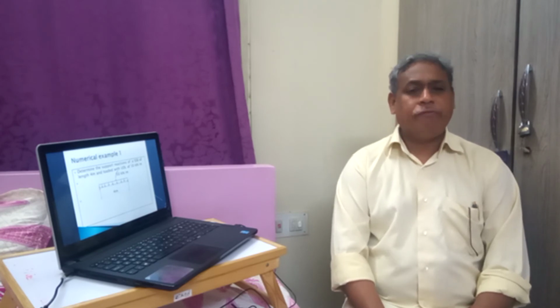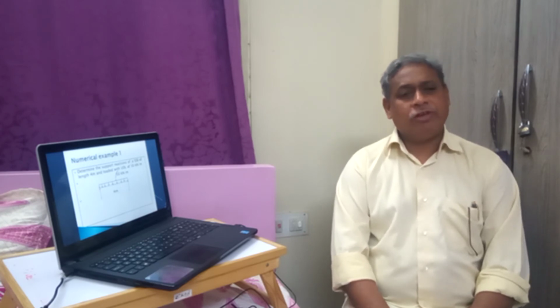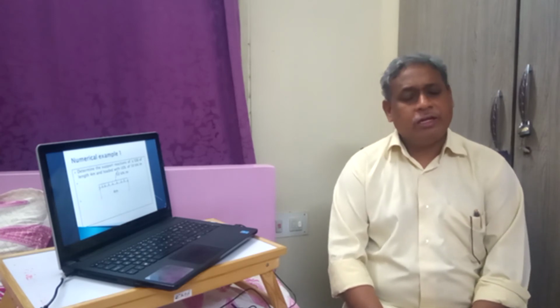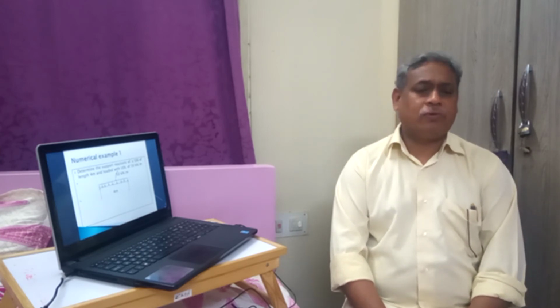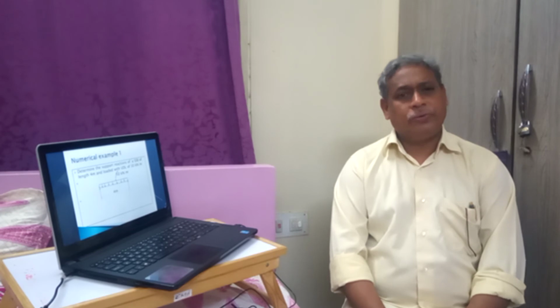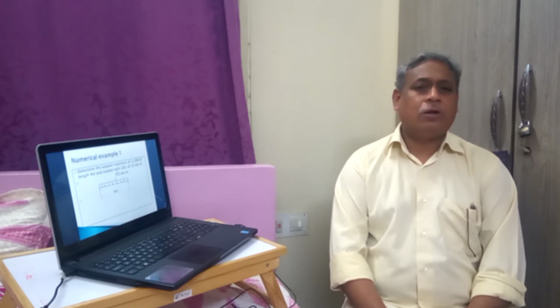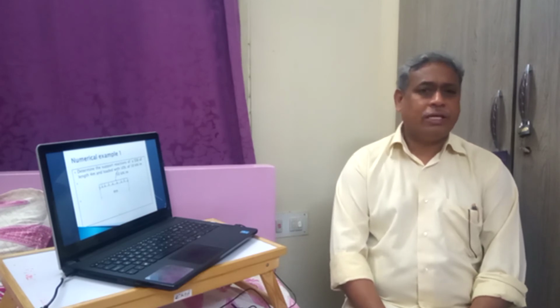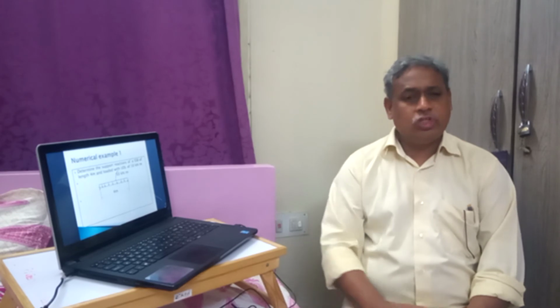So we should know where it is acting. As we saw in the different types of loadings, we have point load and UDL. In case of UDL, it is assumed that the entire load acts through its centroid or middle of the loading. Therefore, if the entire load is applied on 4 meters length, it should be acting at 2 meters, that is at the middle of the 4 meters.